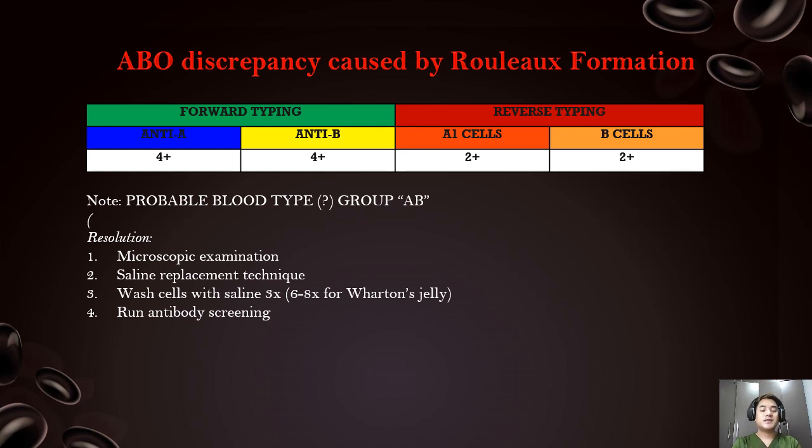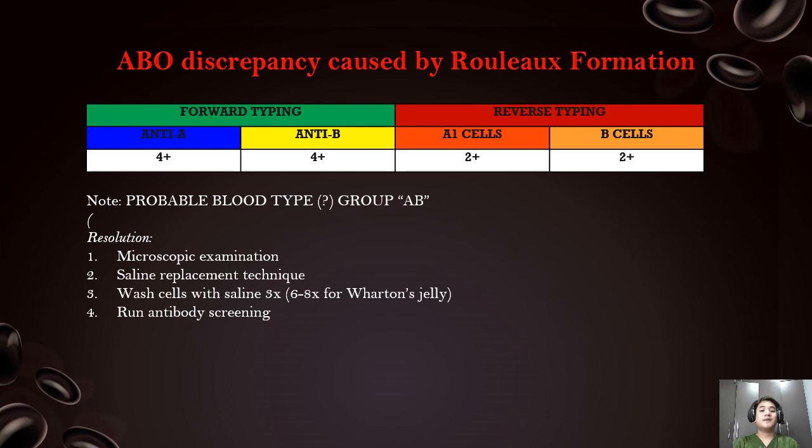To resolve this discrepancy, we can perform a microscopic examination and search for evidence of rouleau formation, and also the saline replacement technique, wherein we replace the serum with saline of equal amount, and the action of this procedure will enable us to determine a true agglutination.